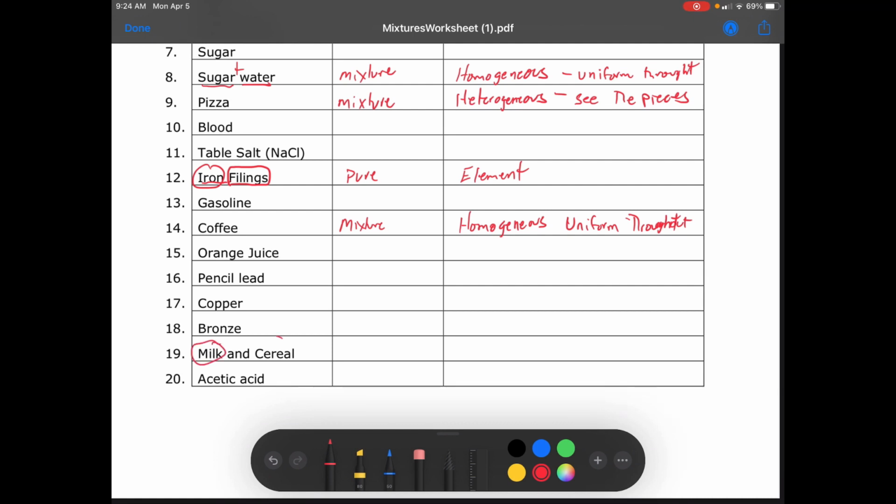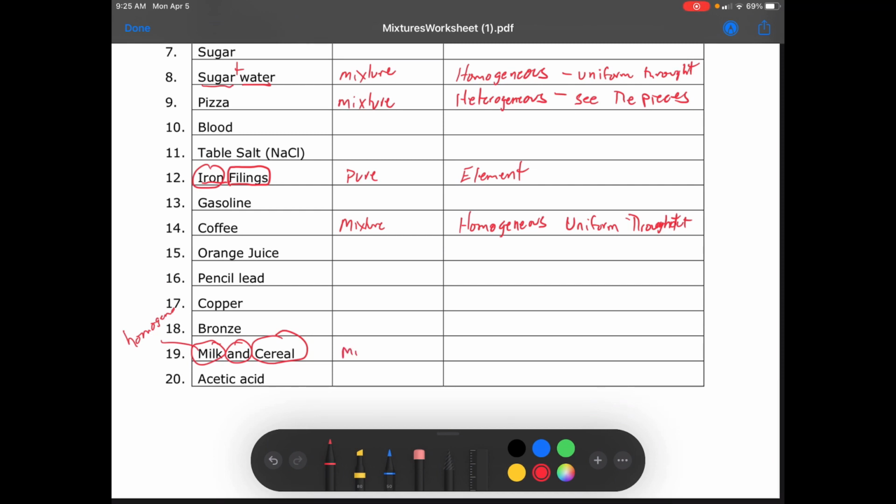So you got milk and cereal. A lot of people classify milk as a homogeneous mixture, and sometimes we could think of it as a compound, but we can also see it as a mixture.